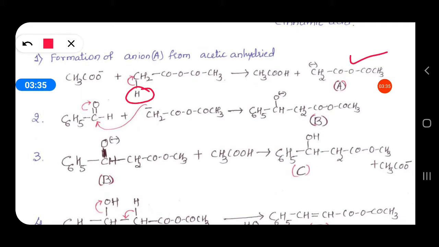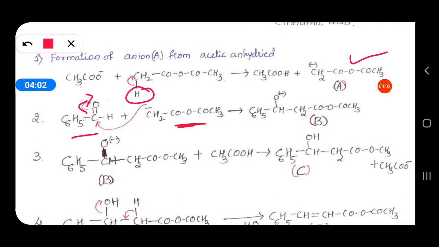In the first step, anion A is formed from acetic anhydride. Next, this anion A acts as a nucleophile. It attacks the benzaldehyde. It attacks the carbonyl carbon of benzaldehyde. So in presence of the attacking reagent, the electrons of C double bond O are shifted towards oxygen.